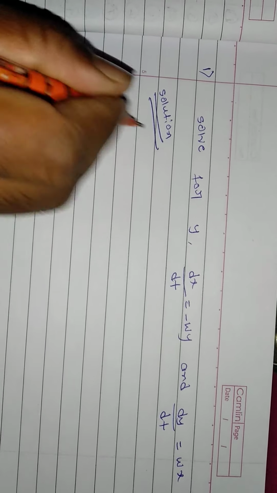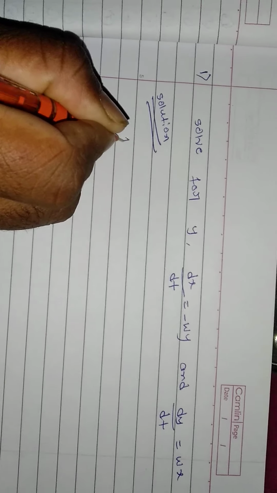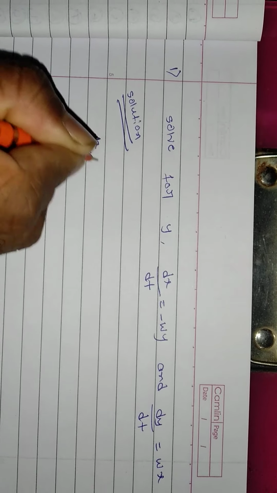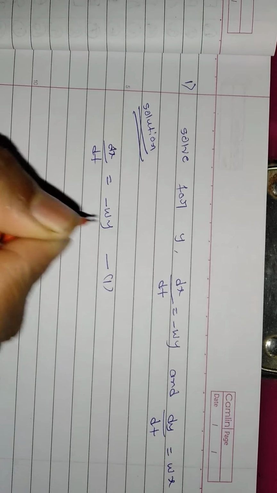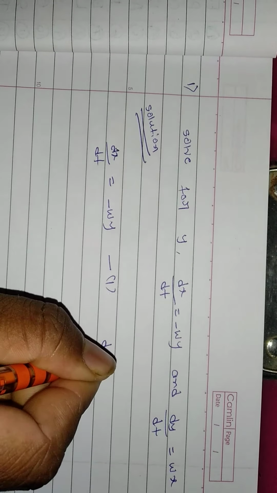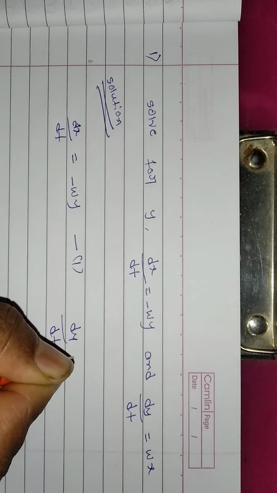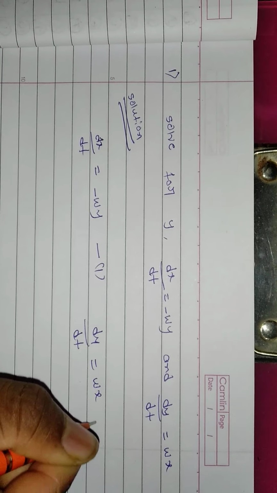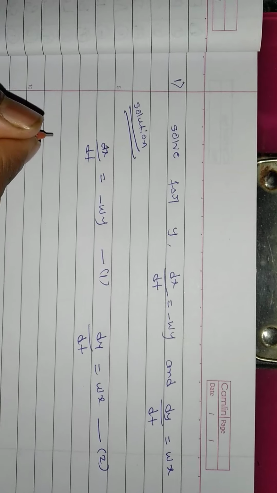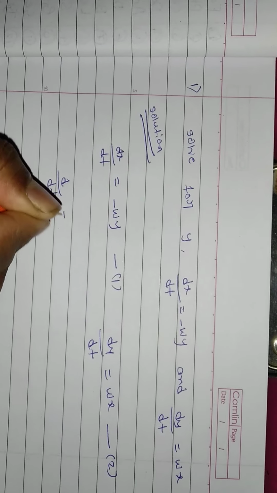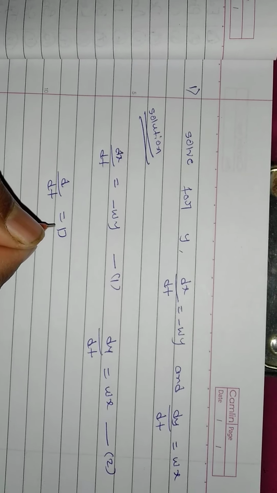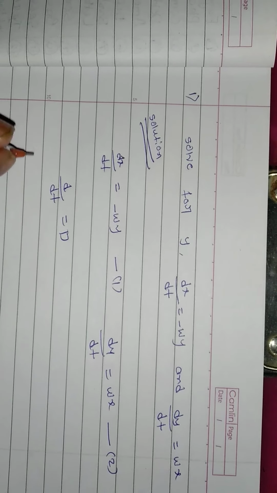So just write the given equations like this: dx by dt equal to minus wy. This is the first equation which they have given, and the second equation is dy by dt equal to wx. Now just put d by dt equal to capital D in these above two equations, right?